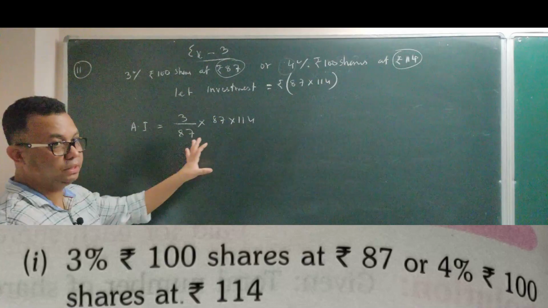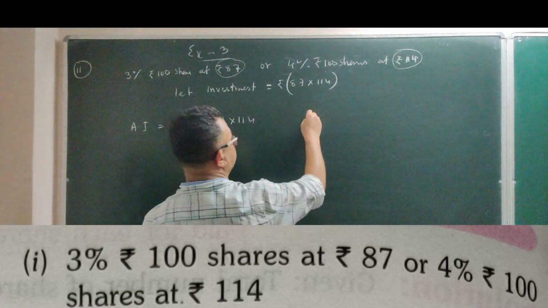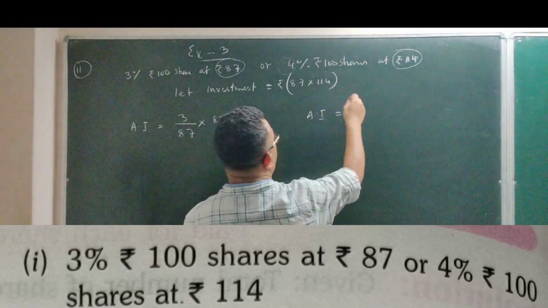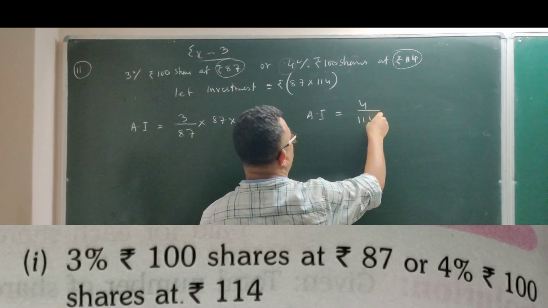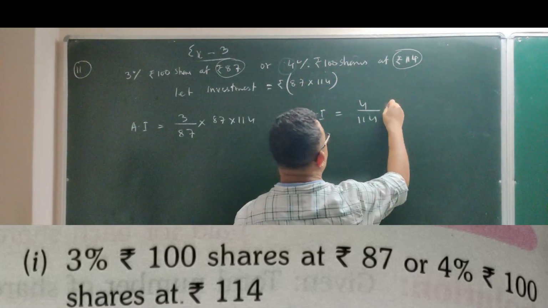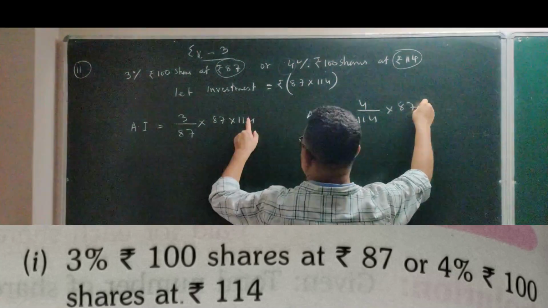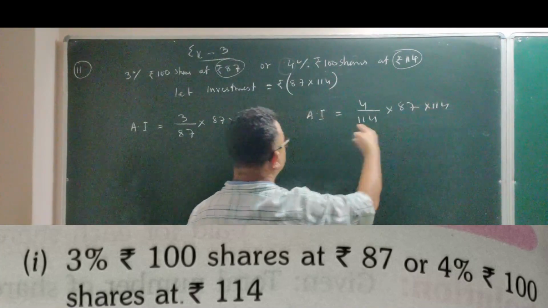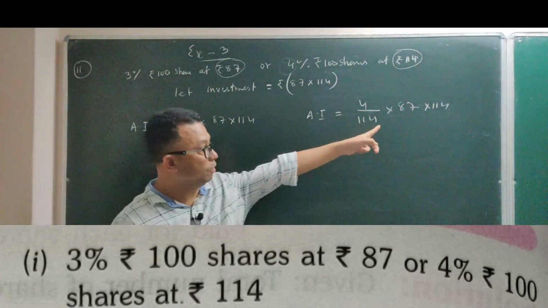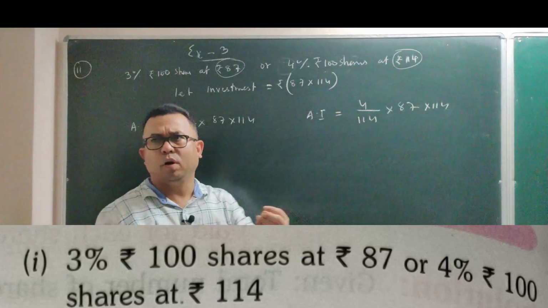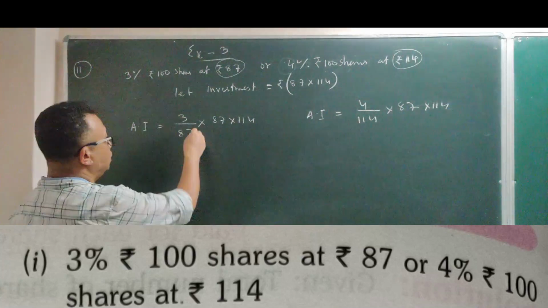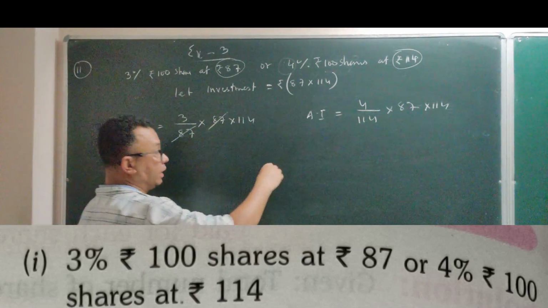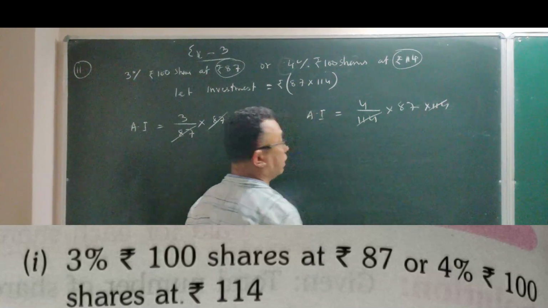Now the second share: annual income is 4% by market value, 4 by 114 into investment, which is 87 into 114. So in both cases the investment is 87 into 114. Why did I tell you to keep it in product form? So that 87 and 114 can be cancelled easily.